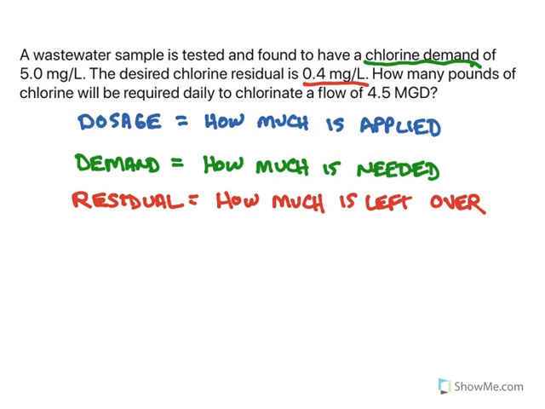And so dosage, for purposes of these questions, if you haven't figured it out by now, is going to equal demand plus residual. Demand plus residual is going to be the dosage.